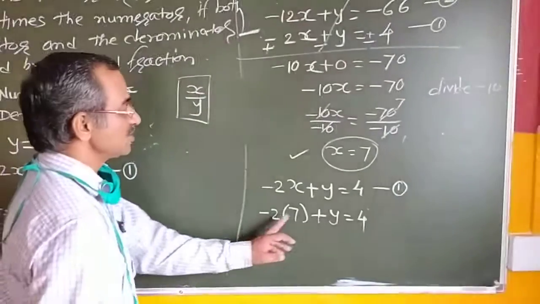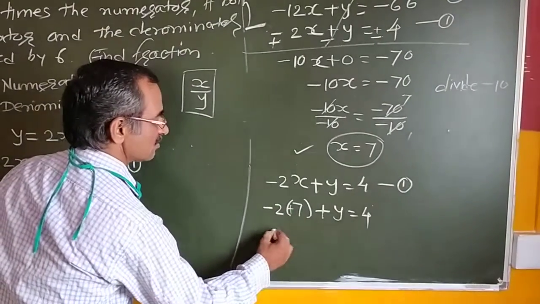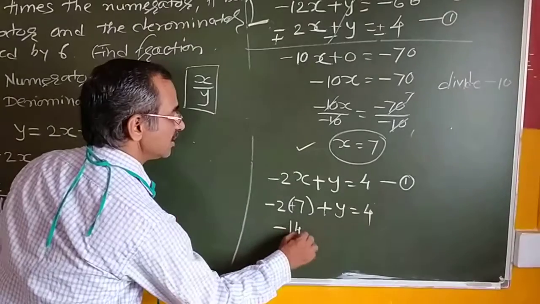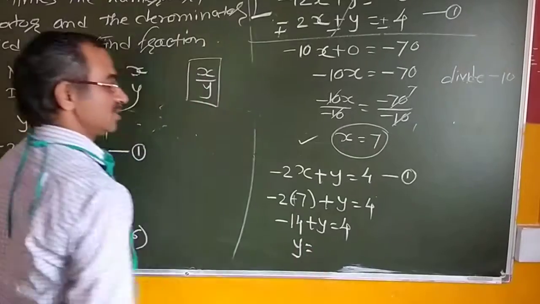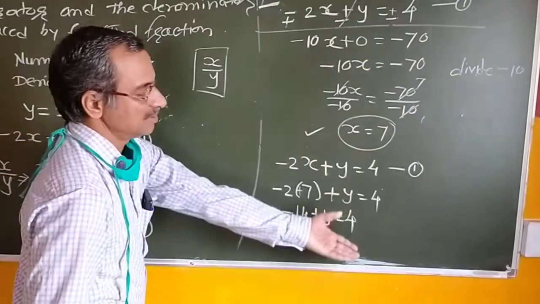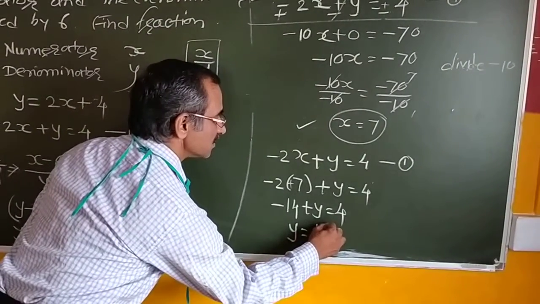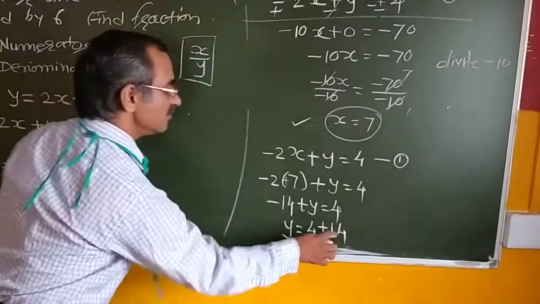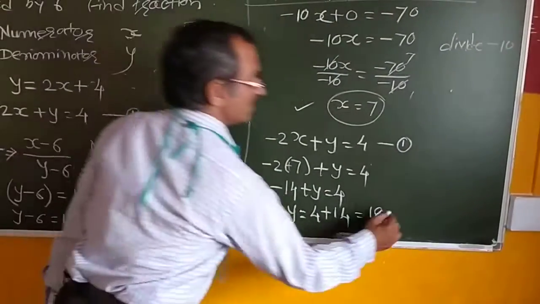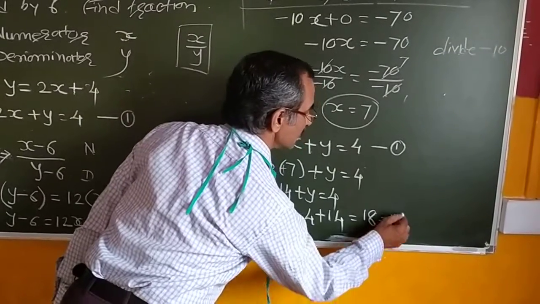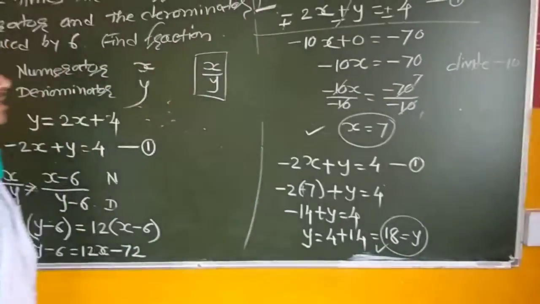Then 2 into 7 is 14, minus y is equal to minus 4. Y remains as it is, 14 goes to the right side, it will change sign, that is 14 plus 4, 18. We get the value of y is equal to 18. Means x value is 7, y value is 18.